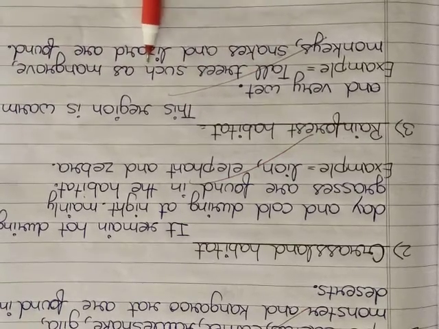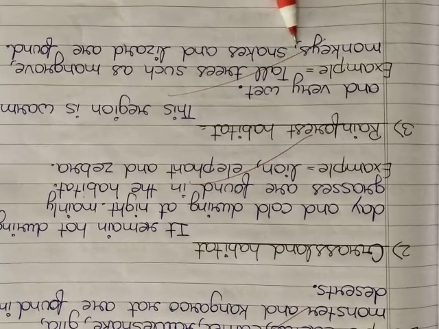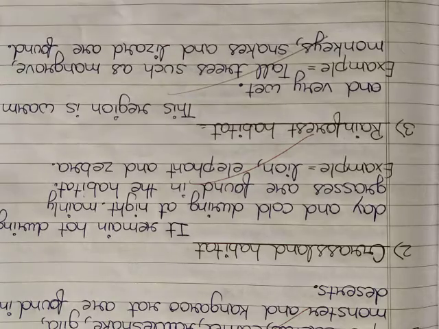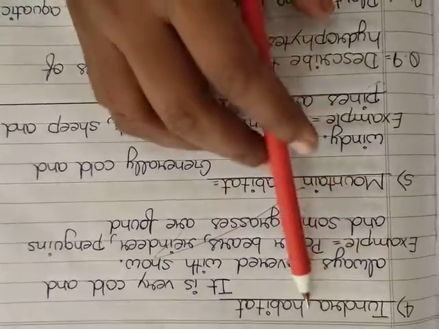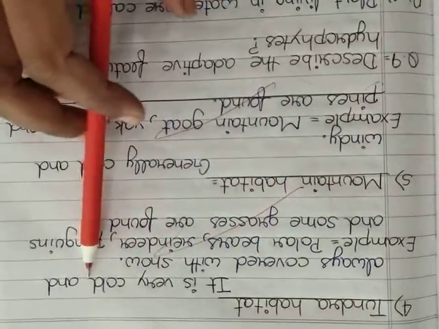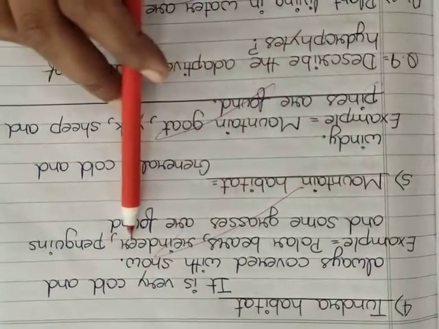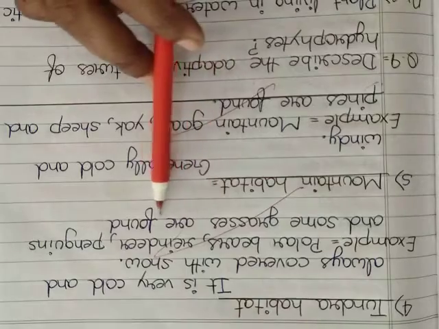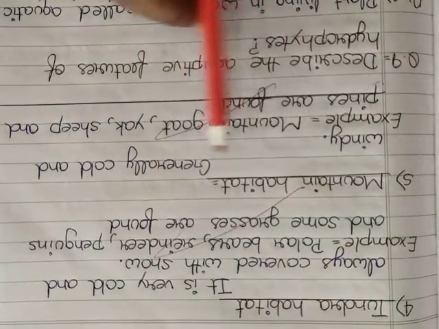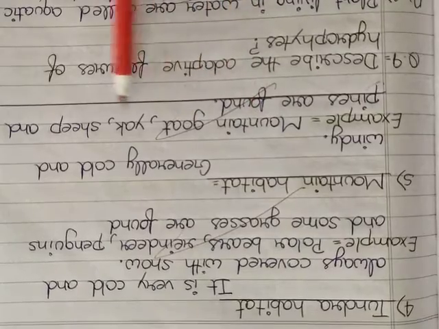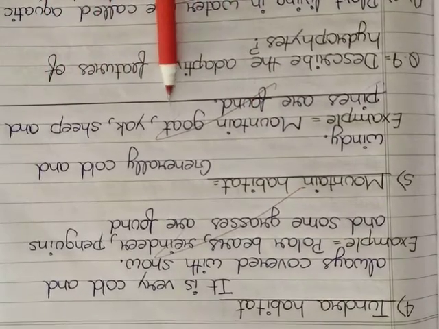Example, tall trees such as mangrove, monkey, snake and lizard are found in rainforest habitat. Next is tundra habitat. It is very cold and always covered with snow. Example, polar bear, reindeer, penguin and some grasses are found. Mountain habitat. Generally cold and windy. Example, mountain goat, yak, sheep and pines are found in this habitat.